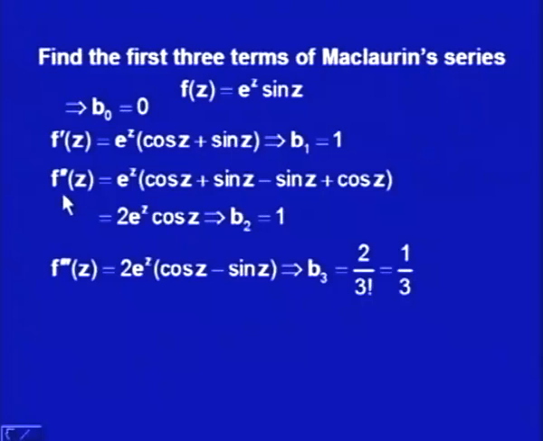Differentiating this again gives me the second derivative, and it is e to the z times (cos z plus sin z) plus e to the z times the derivative of (cos z plus sin z), that is minus sin z plus cos z, and putting z is equal to 0 gives me 2 e to the z cos z, that implies that b 2 is 1.